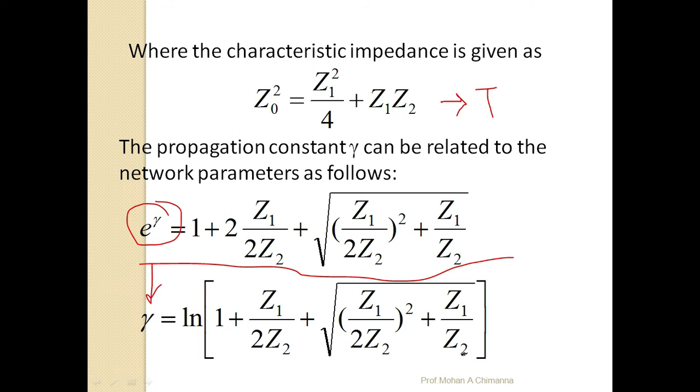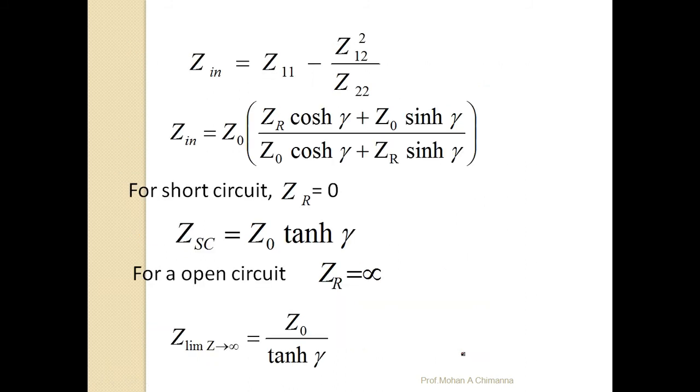So Zin is equal to Z11 minus Z12 square upon Z22. So Zin is equal to Z0 times Zr cosh gamma plus Z0 sinh gamma, upon Z0 cosh gamma plus Zr sinh gamma.